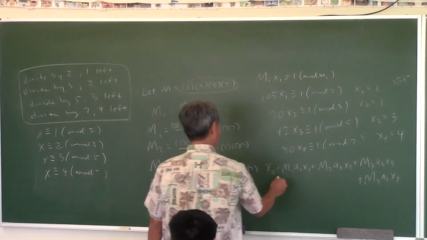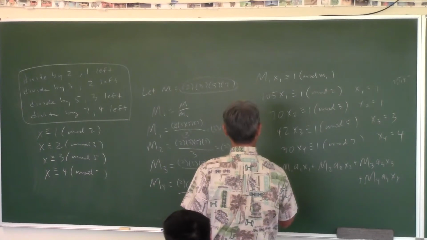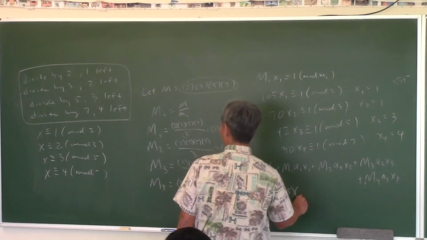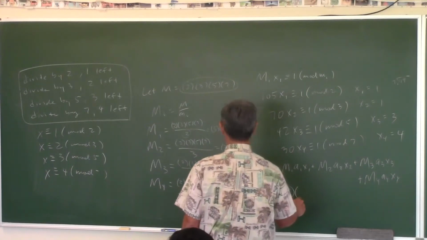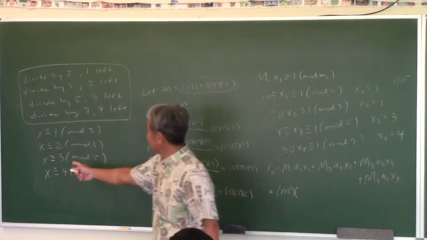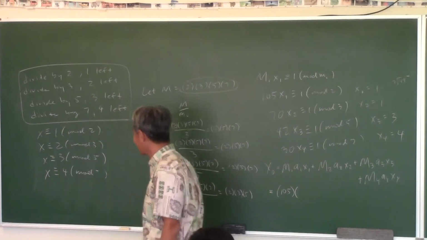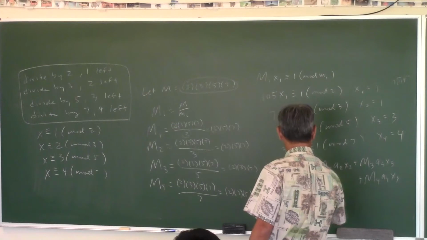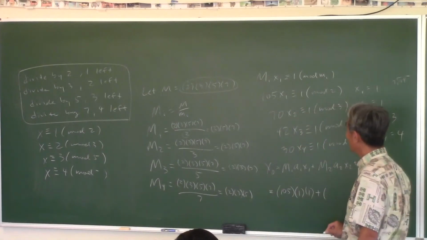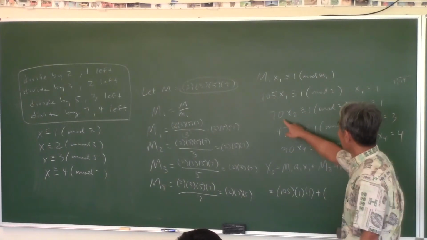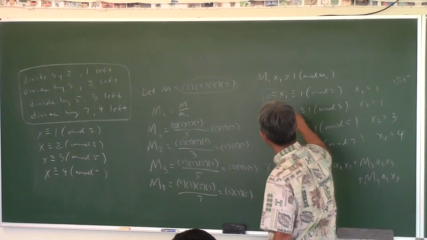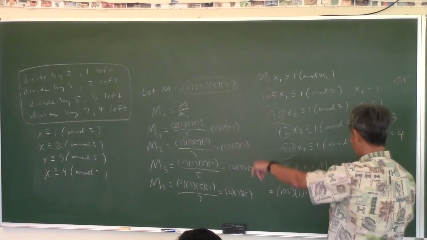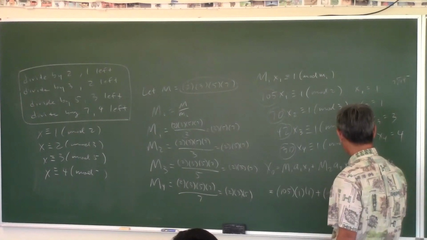Okay, so what's capital M1? 105. 105 times a1. Where's a1? It's 1. A1, A2, A3, A4 are 1, 2, 3, 4. And what was x1? 1. Plus M2, 70, a2 is 2, x2 is 1.